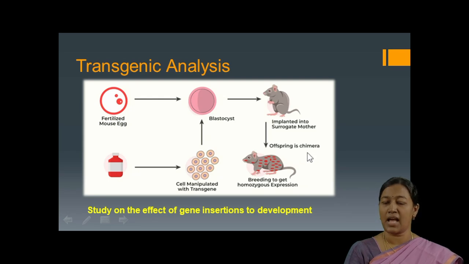Chimera means it is a hybrid, a mixture of the genes from the mouse and the genes which have been manipulated. If you see, they have drawn a mosaic pattern. So instead of developing into a normal mouse, it will develop into a transgenic animal. This can be used to study maybe the effect of insulin or whatever we want to study. To study the effect of a gene, insertions have been made in the gene.